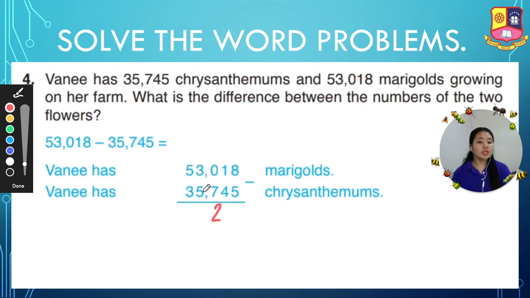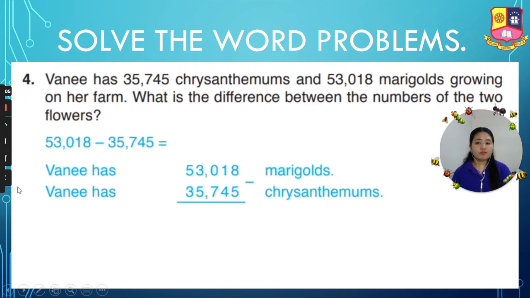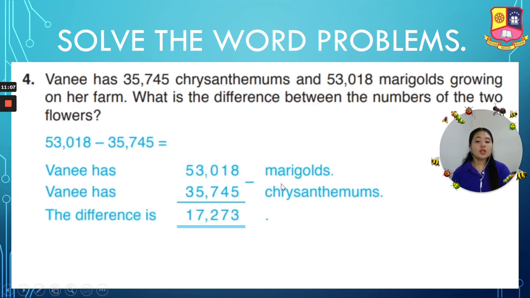Then 2 minus 5 cannot, so we have to borrow from here. This will become 4, and this will become 12. So 12 minus 5, the answer is 7. Then 4 minus 3, the answer is 1. So the answer for number 4 is 17,273.